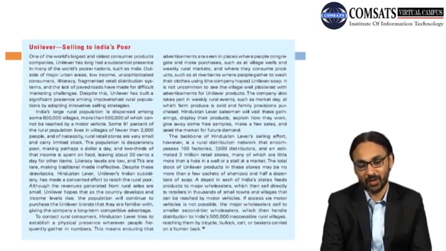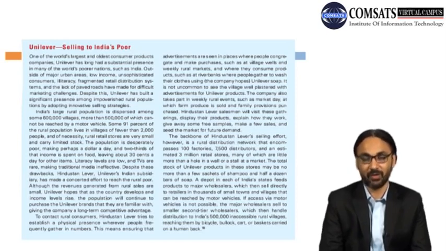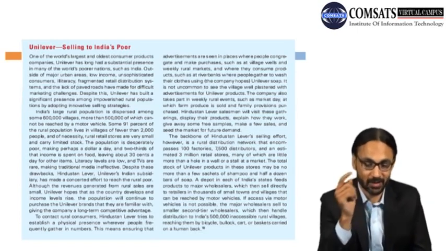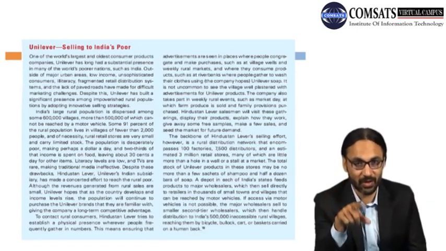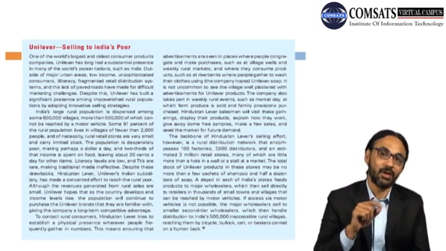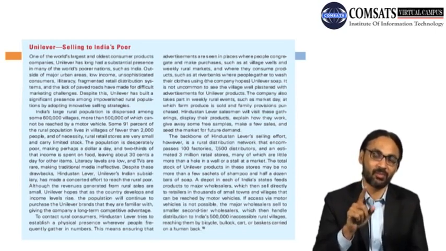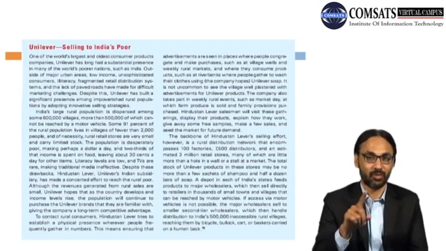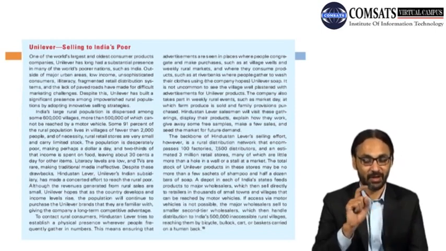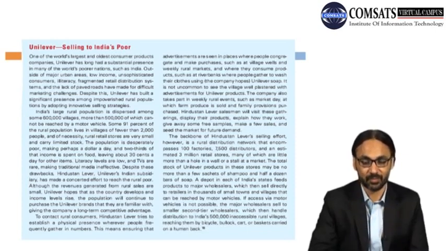What they are saying is that in the future, because of this development, the country will develop, and at that time Unilever, the Hindustan Unilever, will be the most established brand, which everyone knows about. That will be the most established one, and it will get the competitive advantage over their rivals.